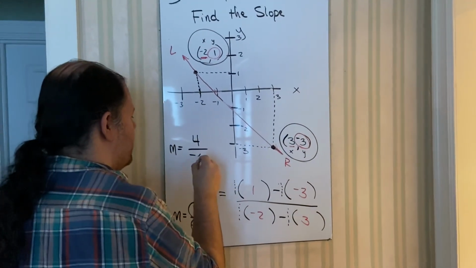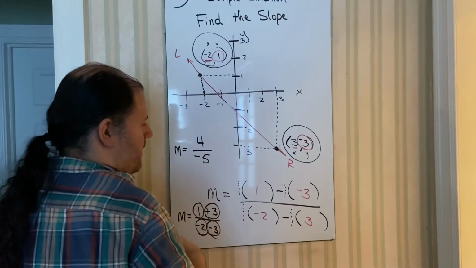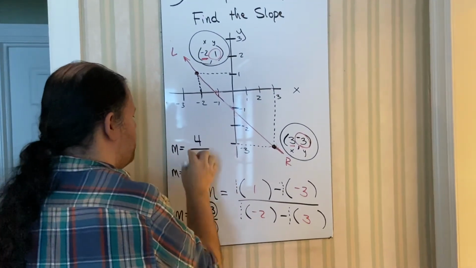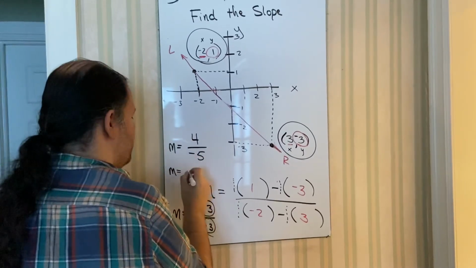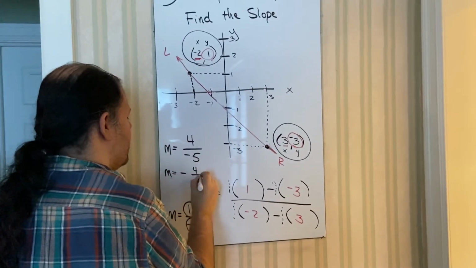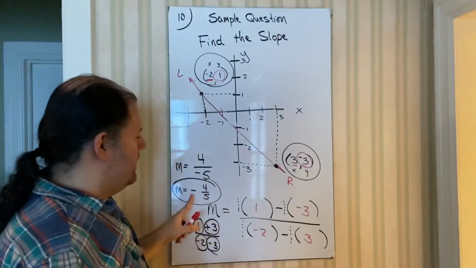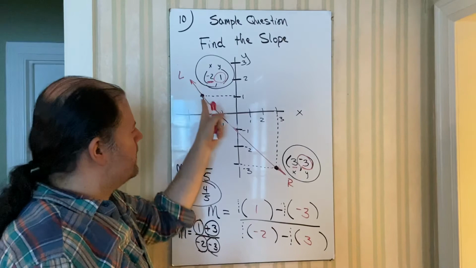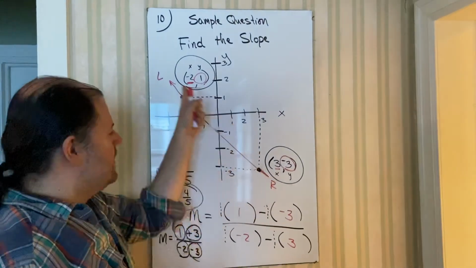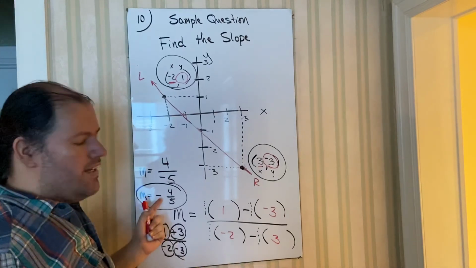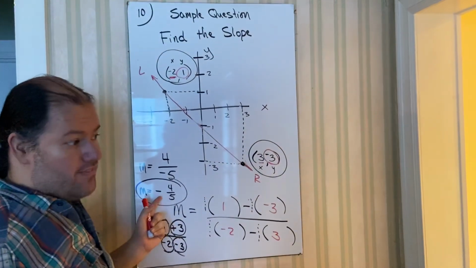We're going to get a -5. Now you can't reduce this. We know that a positive divided by a negative would be a -4/5. This makes sense because we were going downhill. We knew that this was going to be a negative value. Sometimes this will divide out evenly, sometimes you'll have a fraction.